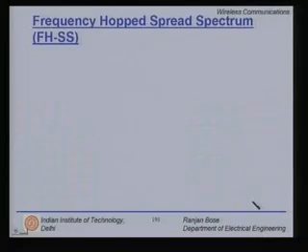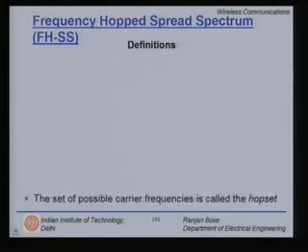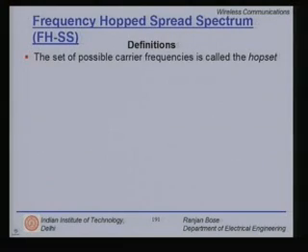Now, let us look at the other kind of spread spectrum technique called the frequency hopped spread spectrum technique. The set of possible carrier frequencies is called a hop set. So, the whole philosophy here is as follows. You have a large spectrum, you subdivide it into subbands and you hop on these subbands.